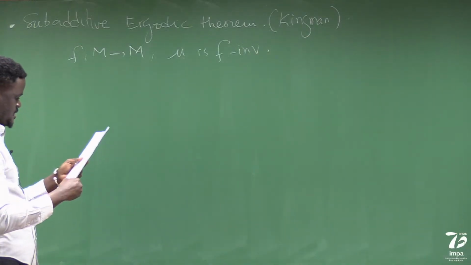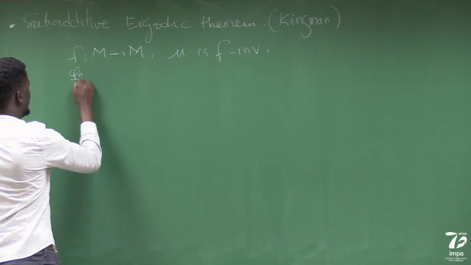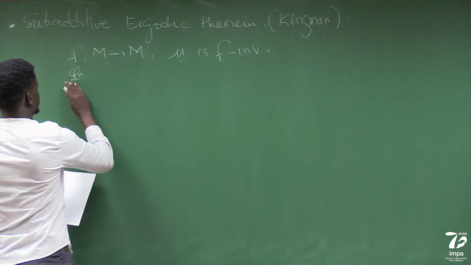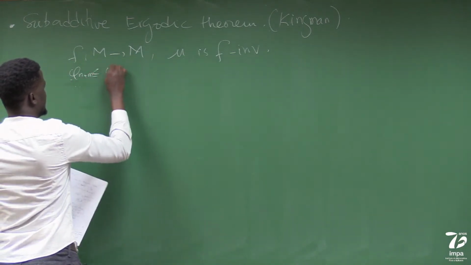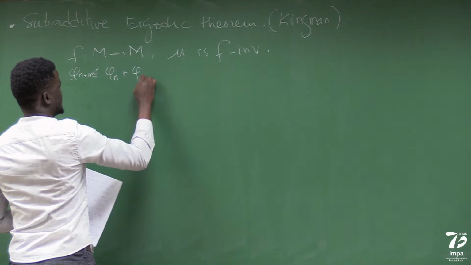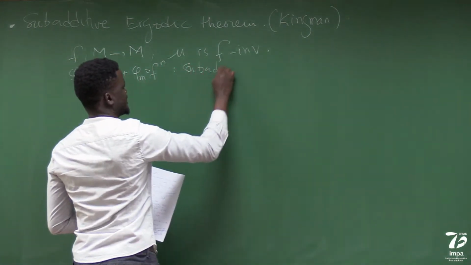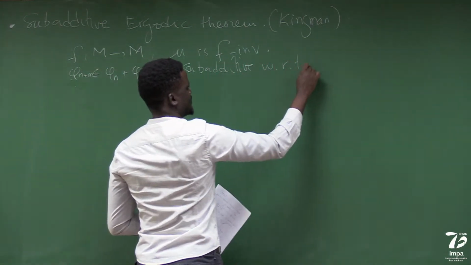Suppose phi n over n, where phi n is subadditive with respect to f, meaning phi n plus m is at most phi n plus phi m composed with f^n.